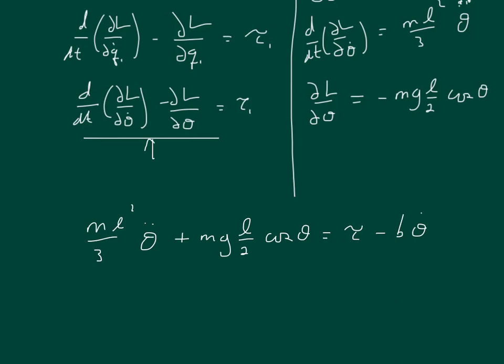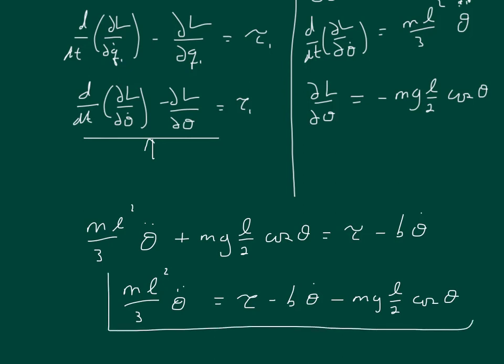And the form that we're going to look for here will be to get all of the theta double dots on the left-hand side of the equation. So we're going to write this as ml squared over 3 theta double dot is equal to tau minus b theta dot minus mg L over 2 cosine theta. So this formula here is the equations of motion for case 1, this one-link robot arm.